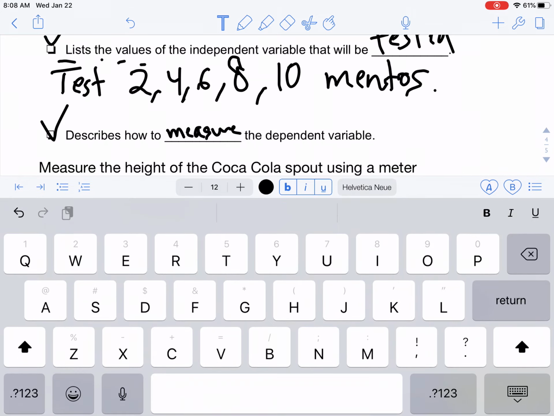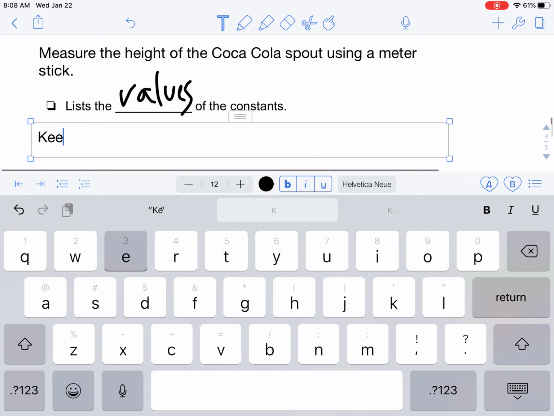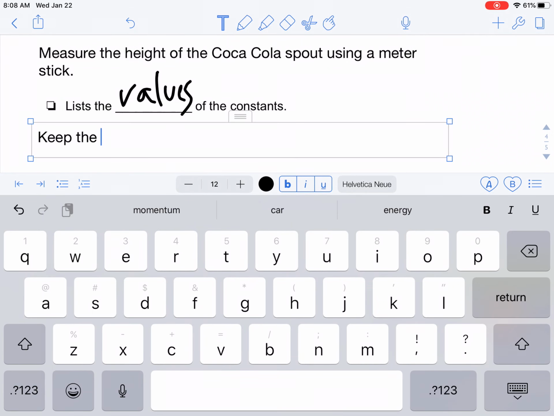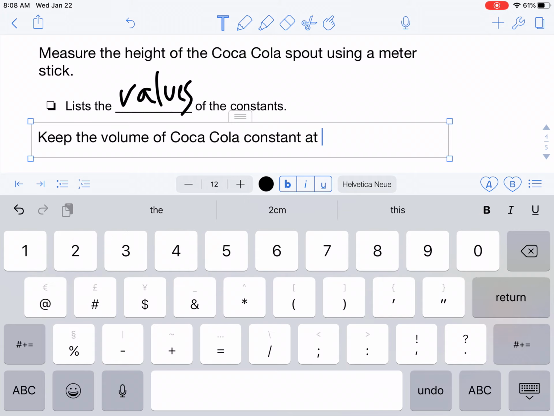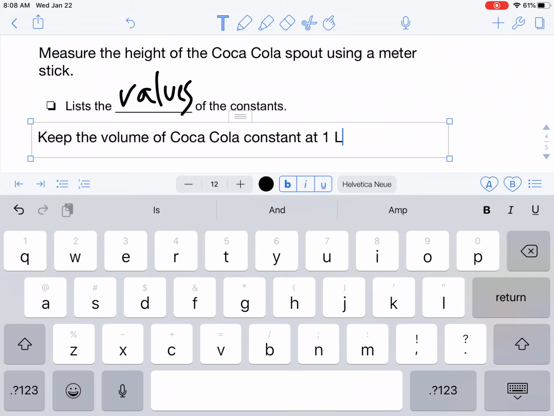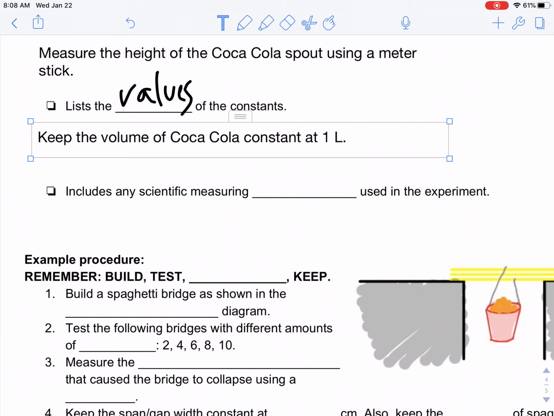So keep the volume of Coca-Cola constant at 1 liter. Other constants that you can think of is like how long are you leaving that Coca-Cola in the refrigerator for?